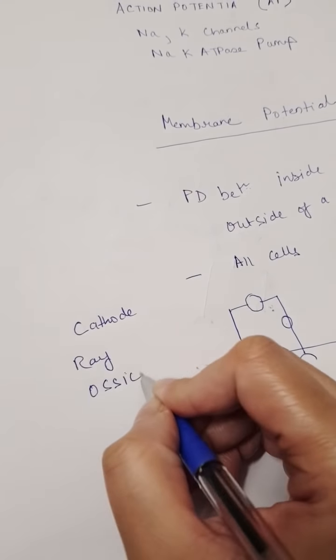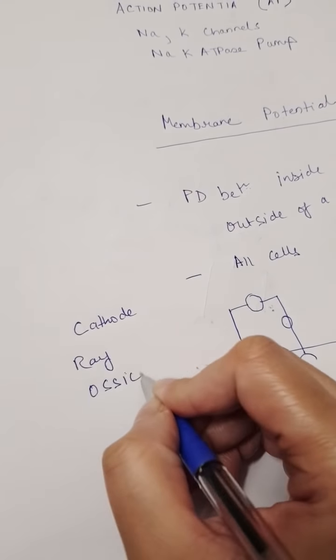Okay, so what is happening? When one electrode is on the outside and one in the inside, we find that there is a deviation in the cathode ray oscilloscope.